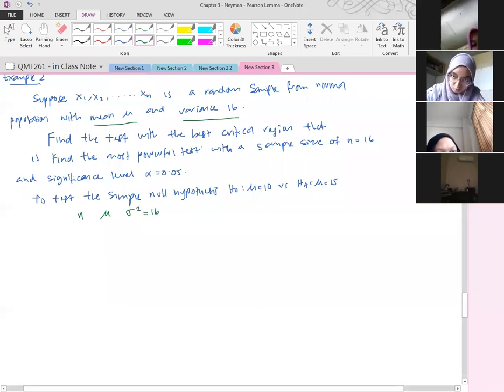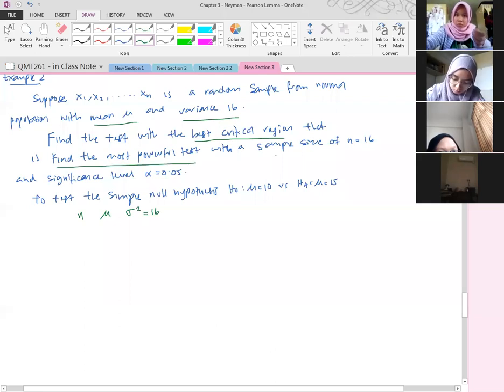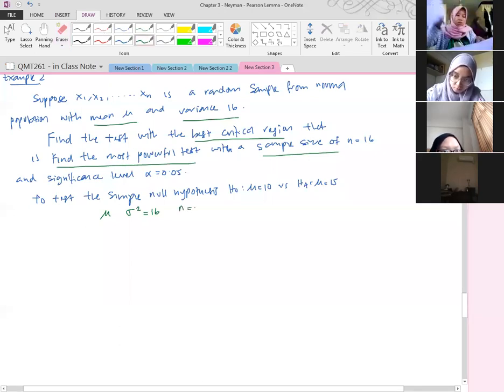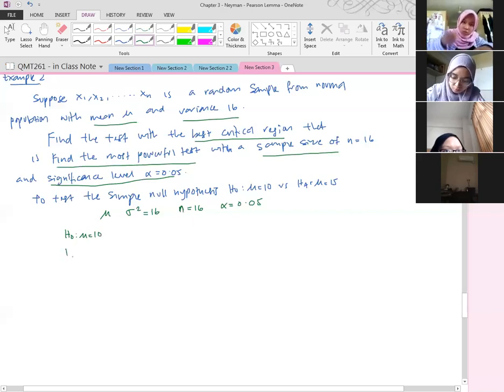Find the test with the best critical region, that is, find the most powerful test with a sample size n equal to 16. So from here, we know that n will become 16. And the significance level alpha is equal to 0.05. So test the simple null hypothesis mu equal to 10 against the alternative hypothesis mu equal to 15.